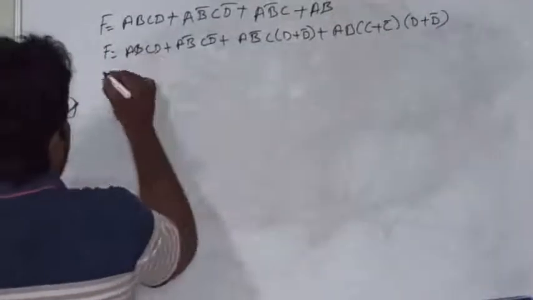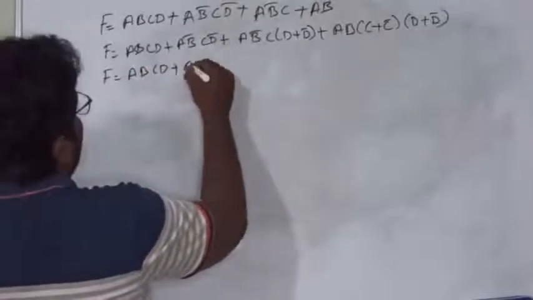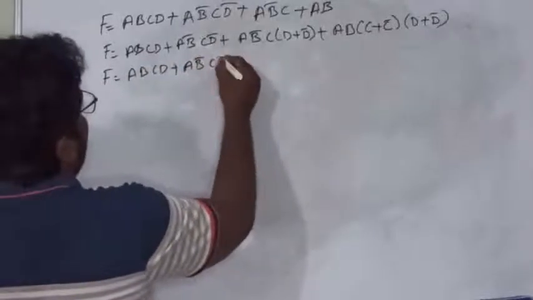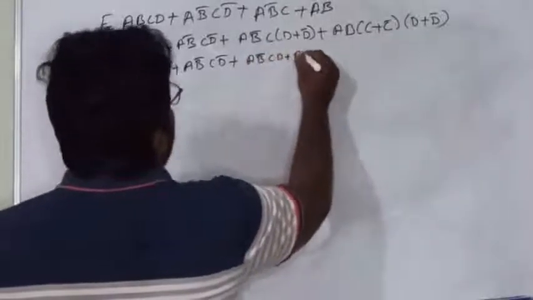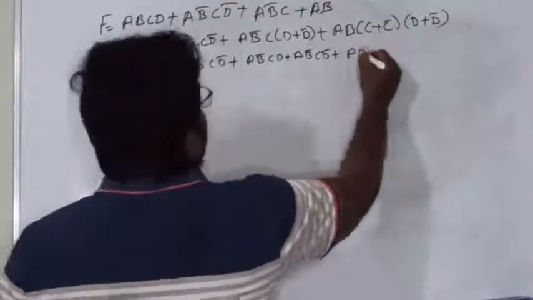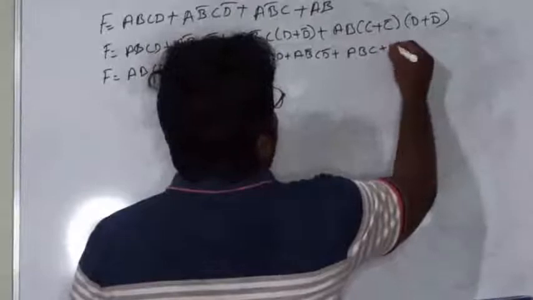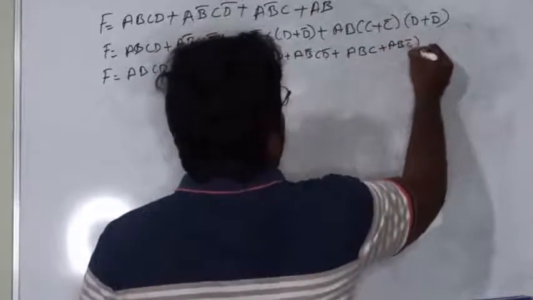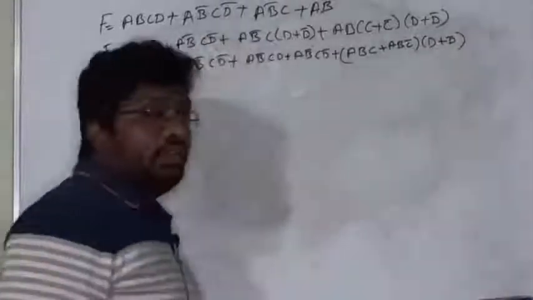So now f is equals to ABCD plus A B complement C D complement plus A B complement C D plus A B complement C D complement plus A B C plus A B C complement into D plus D complement.